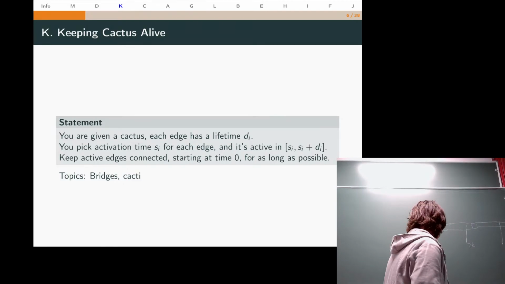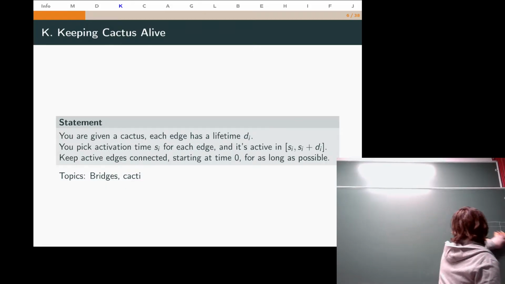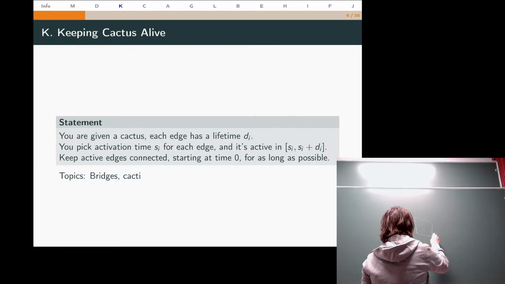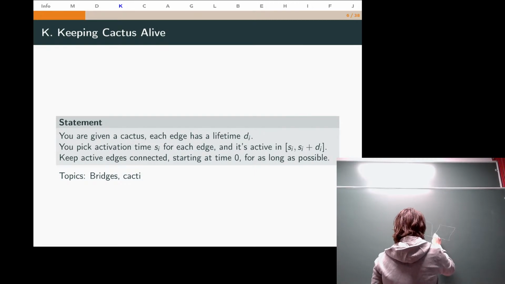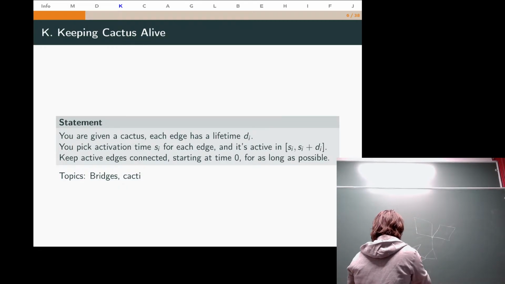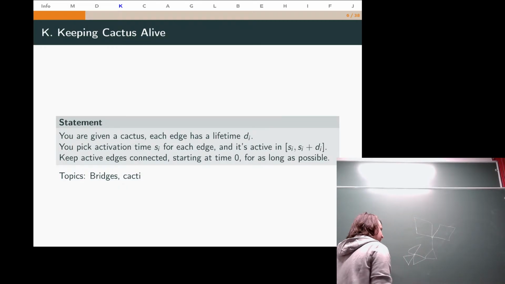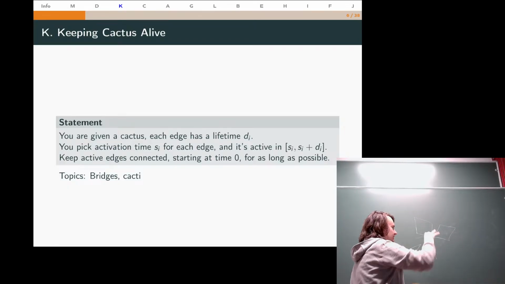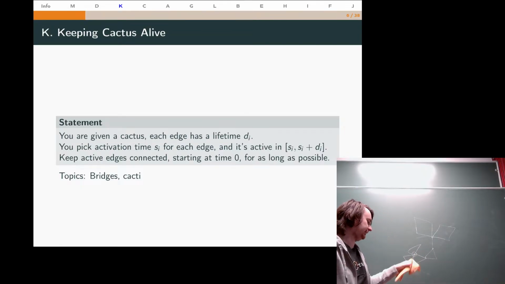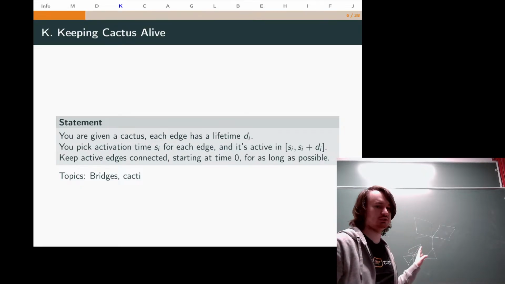So it means that the graph would start like this: each component is a cycle or a tree, and they are connected by either bridges or articulation points, like here. So this is what a cactus is.